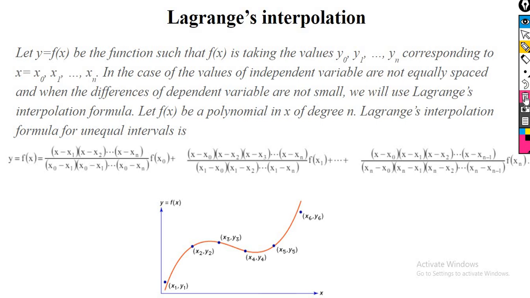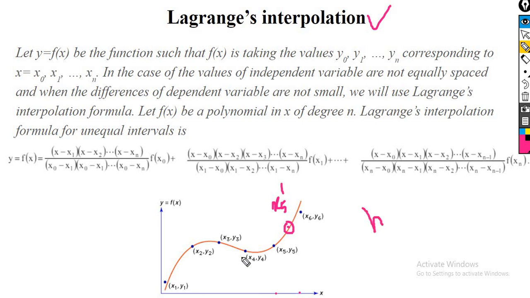Now the advantage of the Lagrange method is that in the Newton forward and backward methods, the step size was equal. So the distance between x1 and x2, x2 and x3, x3 and x4 and so on were of equal size, considered as h, some constant.